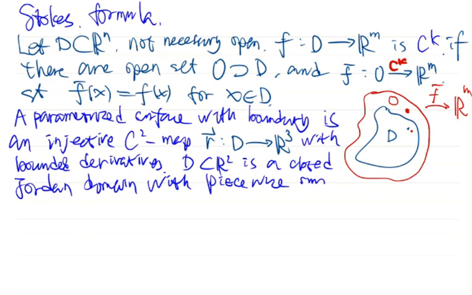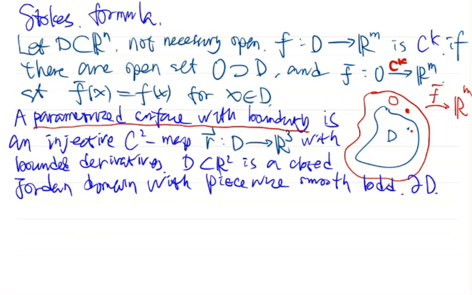Okay. The boundary is denoted by boundary D. So we have a parametric surface with boundary. The difference with the previous parametric surface is that the domain of definition of R is not a region anymore. A region is an open Jordan domain. Now our D is closed, therefore we have a boundary, and the boundary is piecewise smooth.